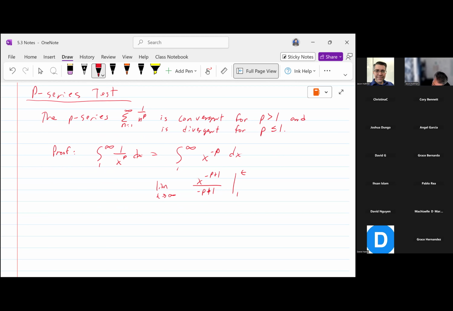So I'm going to rewrite this as the limit as t goes to infinity of t to the negative p plus 1 over negative p plus 1, minus, now I got to plug in 1 to the negative p plus 1 over negative p plus 1.